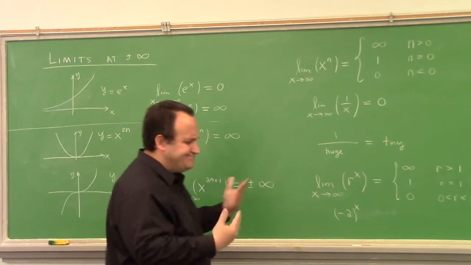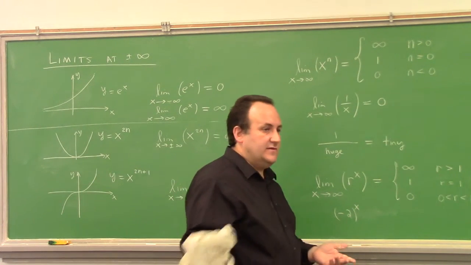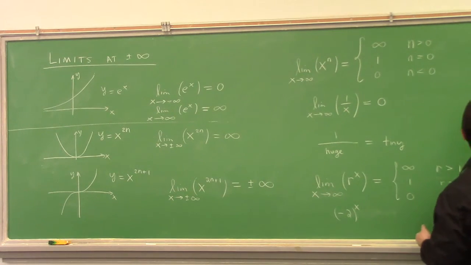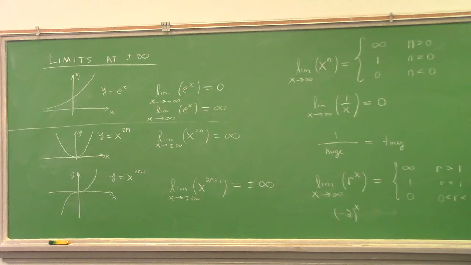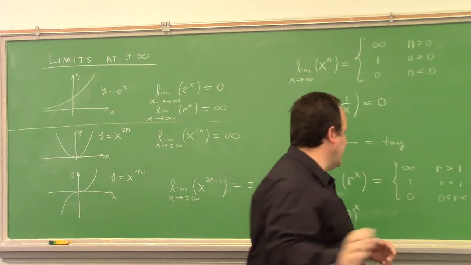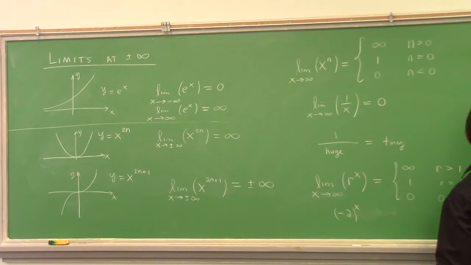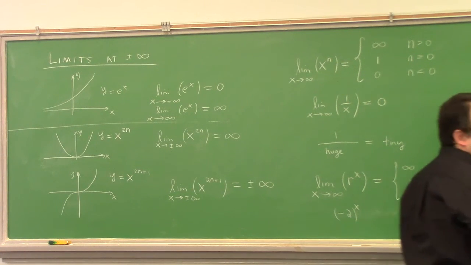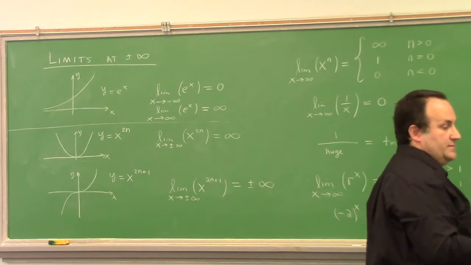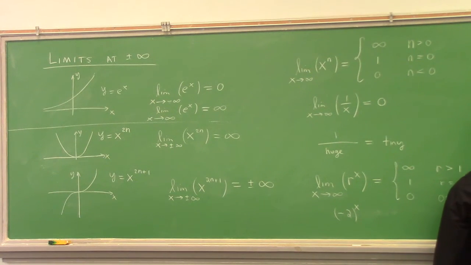Now, there are other things which are not quite as clear cut. For example, what's the limit as x goes to infinity of, say, inverse tangent of x? See, this one, it helps to take a graphical perspective. So you think about, okay, tangent is this.